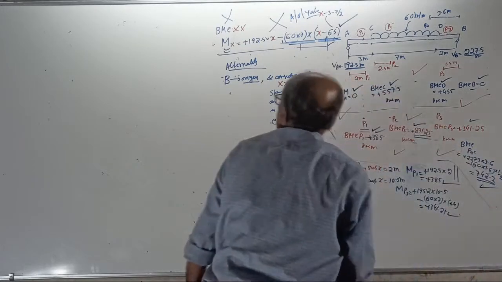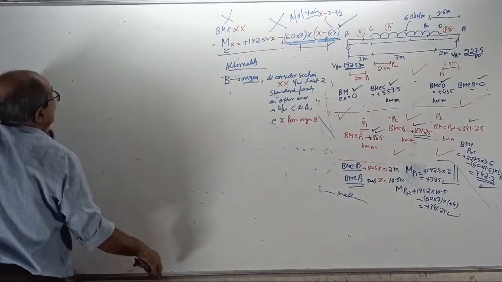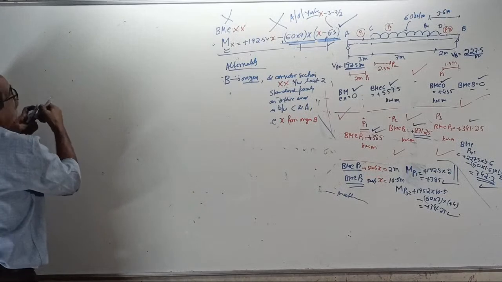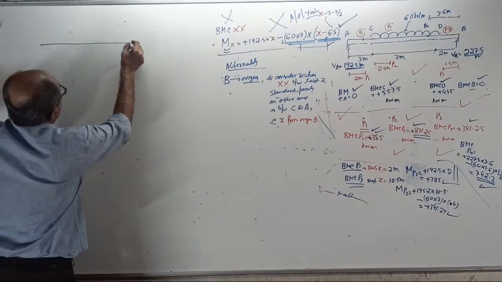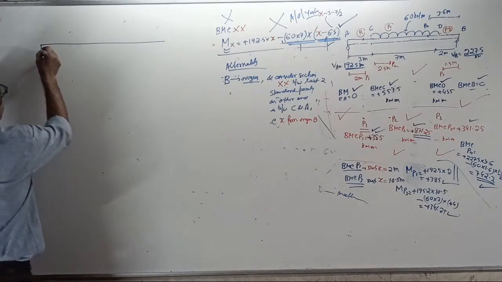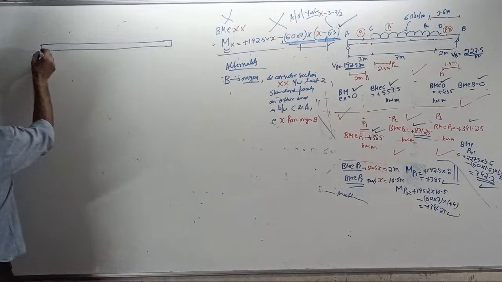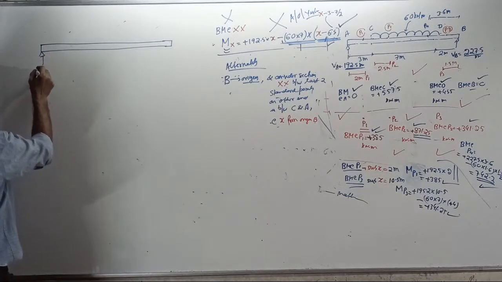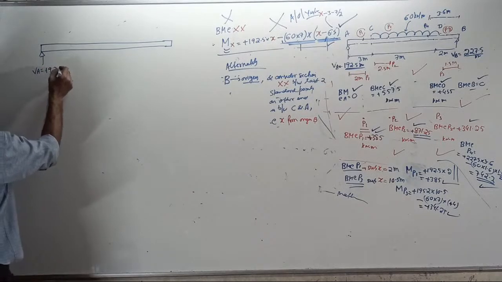Okay, start. A new sketch required now. See here now. This is the beam. See why I am doing it now? So that tomorrow, whether left or right origin, I don't have to explain once again. There is a reaction here, VA equal to 192.5 kilonewton.